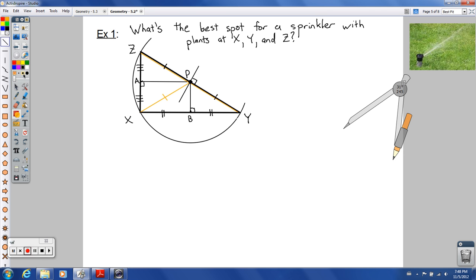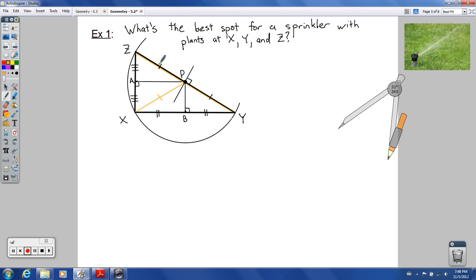There was one other thing I wanted to say with this one. So let's assume that this was, I'm going to use black for that. Let's assume that this was 5 feet from P to Z. So this point P right here, that is our answer.